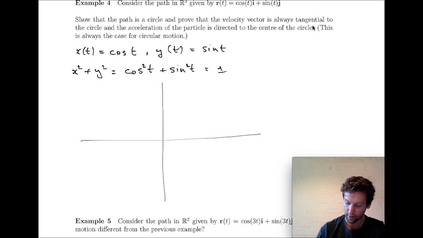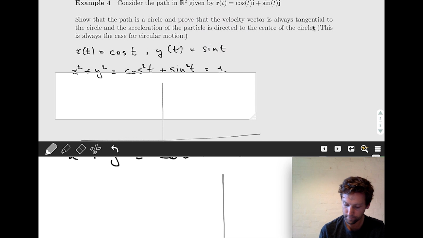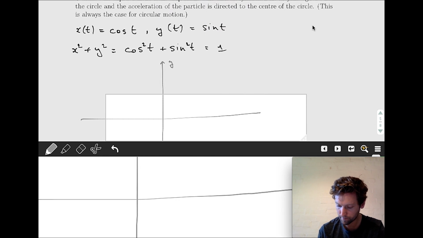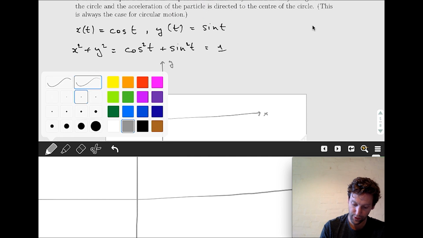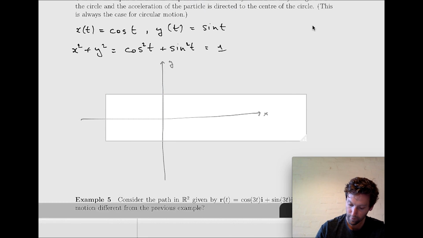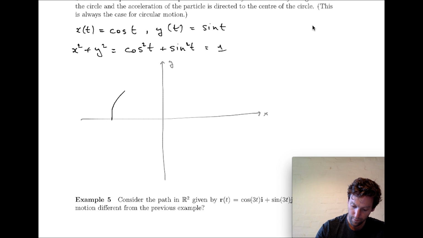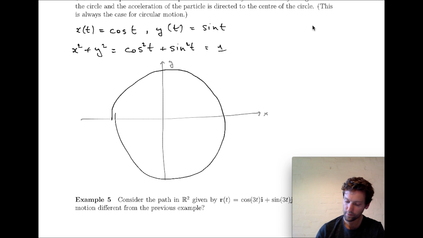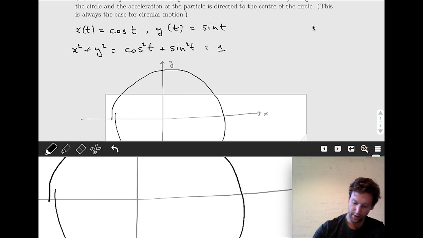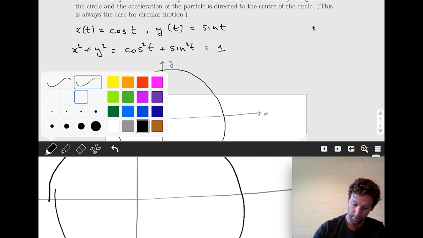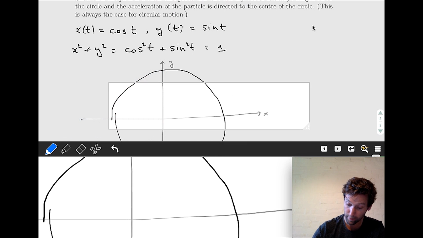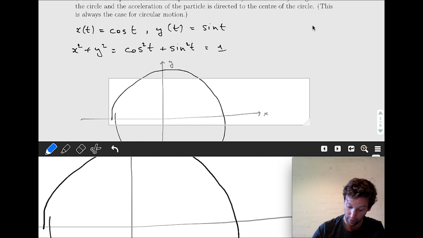So this is a unit circle centered on the origin. So we've got our x and our y. And we've got our circular motion of radius 1. So let's take a look at what a particular point on this trajectory would look like. So let's draw our r vector.